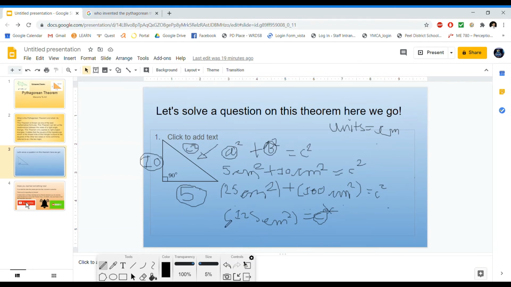So in order to find c, we have to square root the 125 centimeters squared and the c squared. This is going to give you c by itself, and that's going to be your final answer for the hypotenuse side.